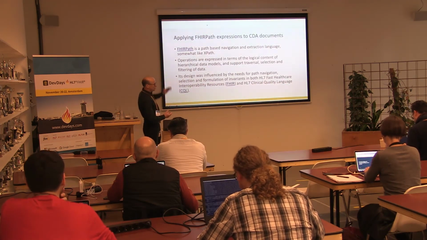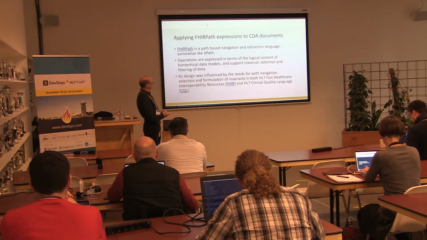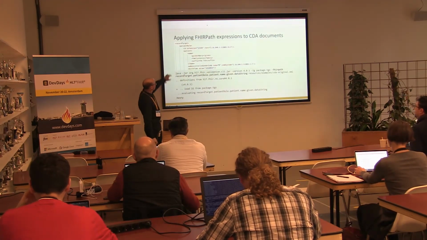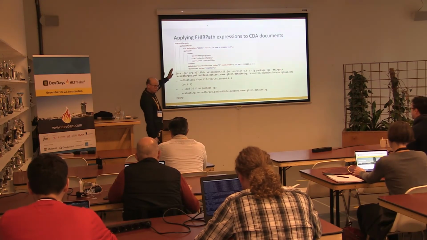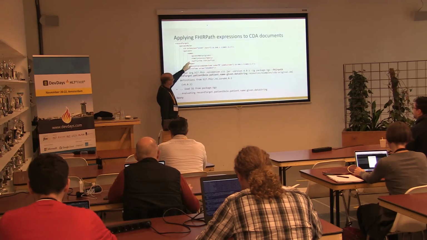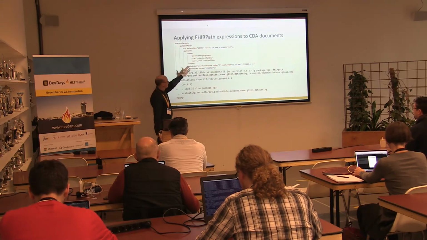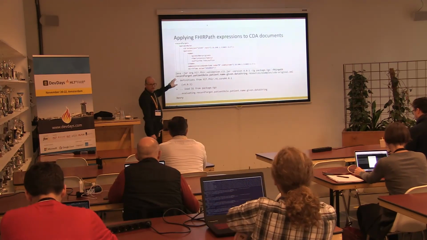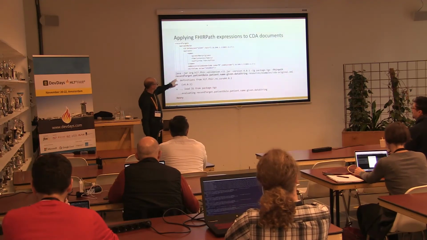Now it's somehow like XPath. The syntax is very similar. If you have an XML document where you have a record target, a patient role inside, then a patient with a name, and this one is called Henry, I can now provide a FHIRPath extraction.